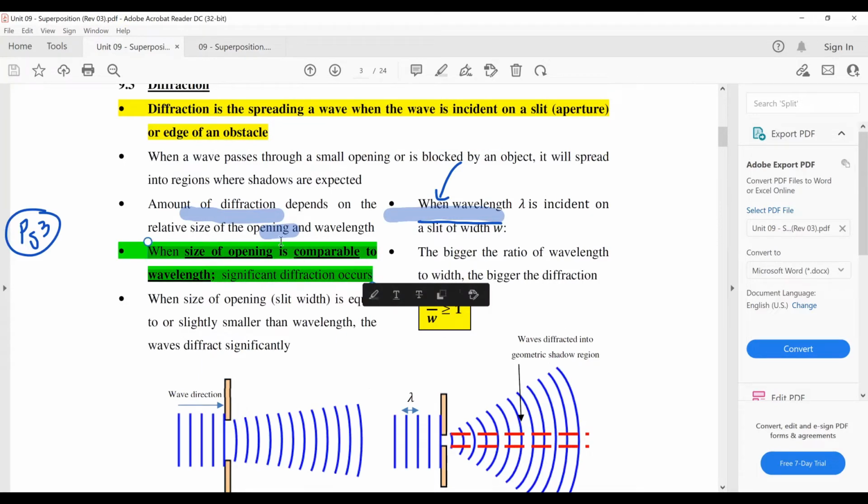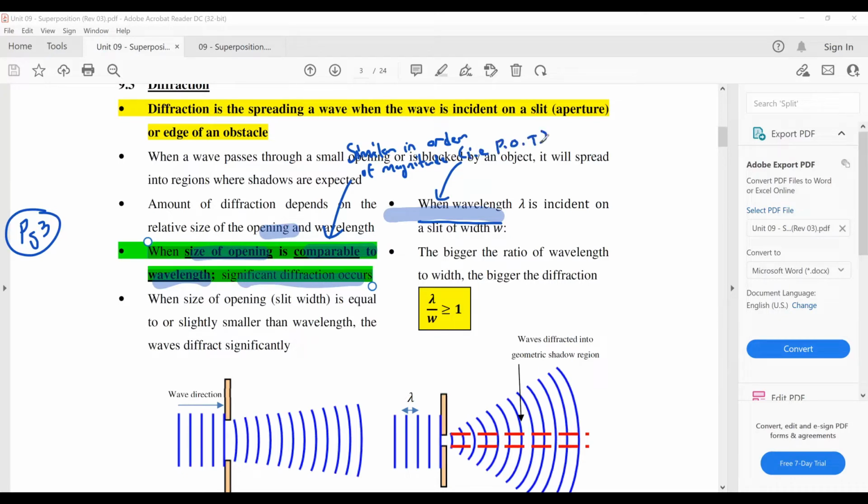If you look at page 3 of your notes, it was mentioned that when the size of opening is comparable to the wavelength, significant diffraction occurs. Comparable, you can just think of it as being similar in order of magnitude, or in other words, the power of 10.